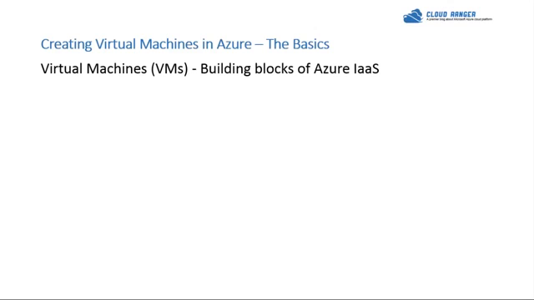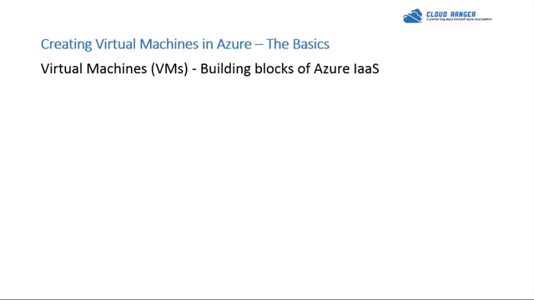What we understand is that virtual machines are the building blocks of Azure infrastructure as a service. When we talk about infrastructure, the first thing that comes to mind is virtual machines. And obviously, when you are creating the virtual machines, the infrastructure comes to mind where we're talking about physical infrastructure that will host or that will run your virtual infrastructure.